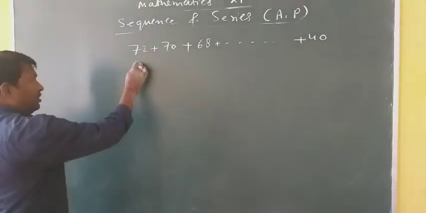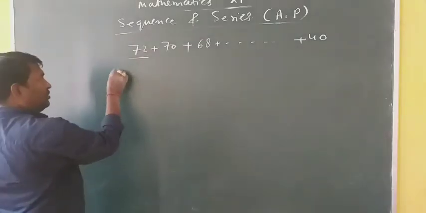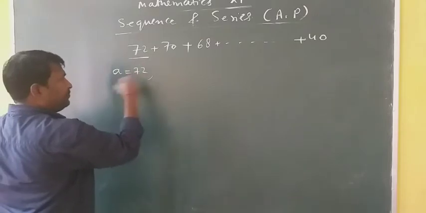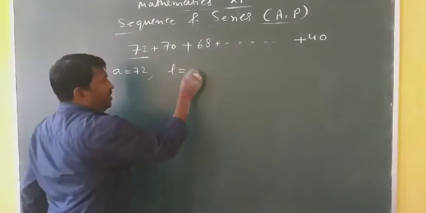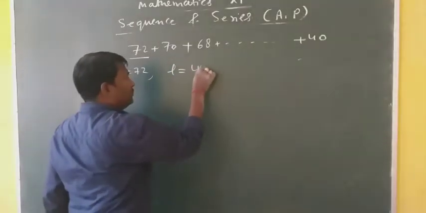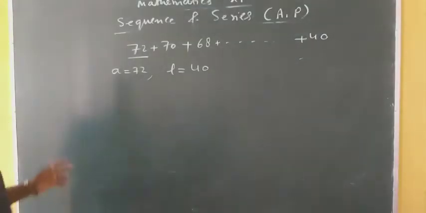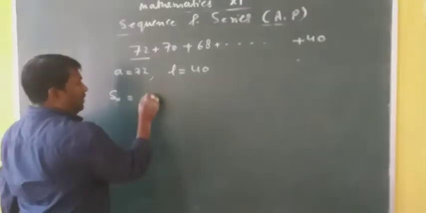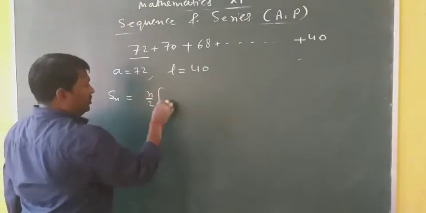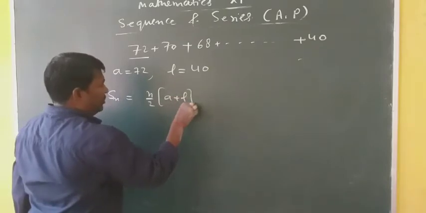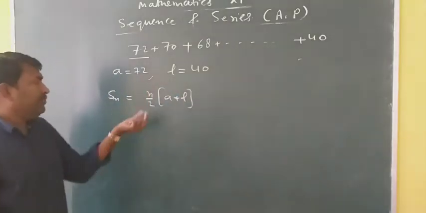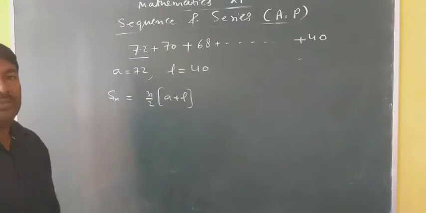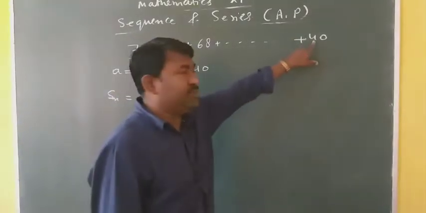Okay, so see, this is your first term. So here a is 72. What is the last term? The last term is 40. Okay, how will you find the sum of n terms? It will be equal to n by 2 into (a plus l). It's alright, a and l are known, but so far you do not know n, and this is the nth term.